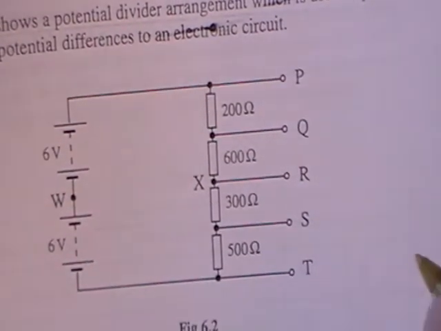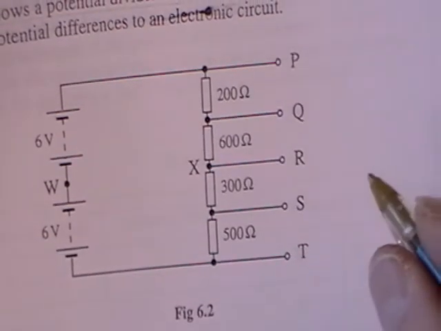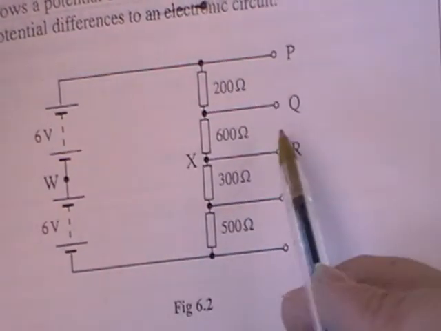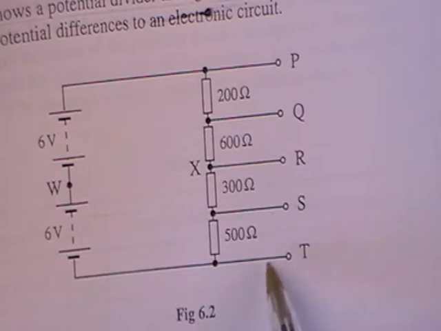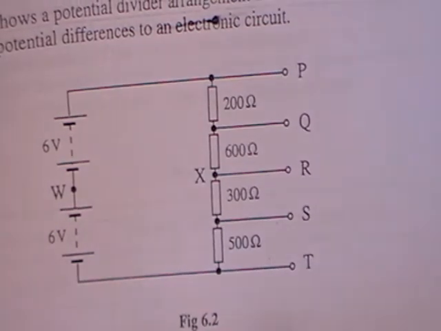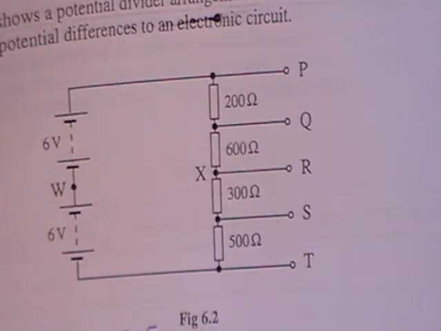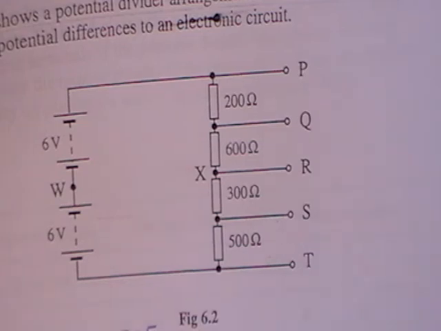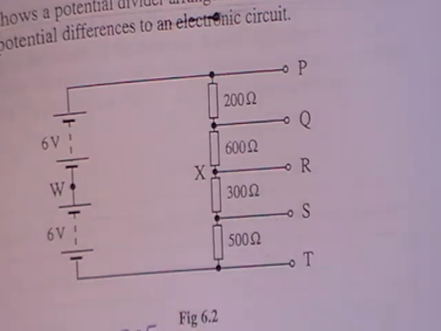The ratios there, if I write them, from P to Q, Q to R, R to S, S to T are 2 to 6 to 3 to 5, and that is spread across, that's 12 volts that's spread across that. And so you're finding 2/16, 6/16, 3/16, and 5/16.